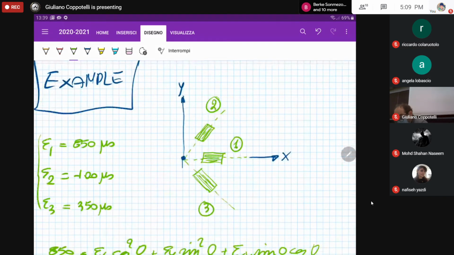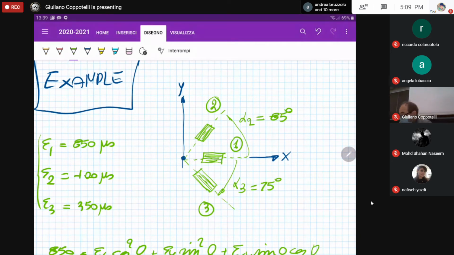Let me call this angle alpha 2, because it's the angle of the second strain gauge with respect to the x-axis, and the other one is of course alpha 3. Let's assume that alpha 2 is equal to 85 degrees, alpha 3 is equal to 75 degrees, of course change of sign.